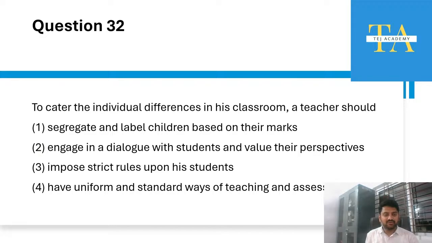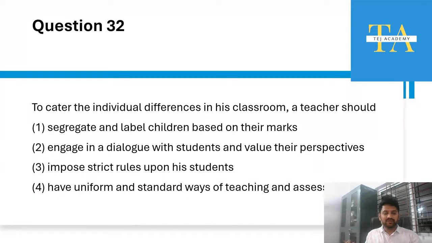Next, question number 32. To cater to the individual differences in his classroom, a teacher should: segregate and label children based on their marks, engage in dialogue with the students and value their perspective, impose strict rules upon his students, or have uniform and standard ways of teaching and assessment.